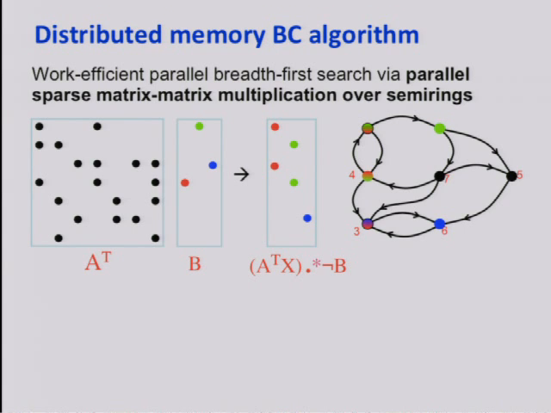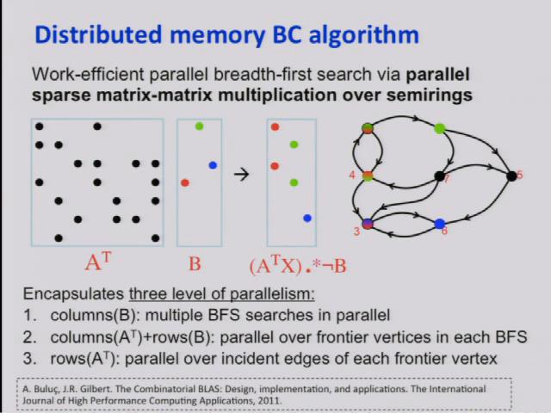But what do we gain by implementing this operation as sparse matrix to sparse matrix multiplication? Well, you see in the right-hand side matrix, for every starting vertex there is one non-zero. So this is breadth first searches from 3 different starting vertices at the same time. So this nice algorithm will encapsulate 3 levels of parallelism. Since we will be automatically parallelizing over columns of B, when we parallelize just this operation, we would be parallelizing multiple breadth first searches in parallel.